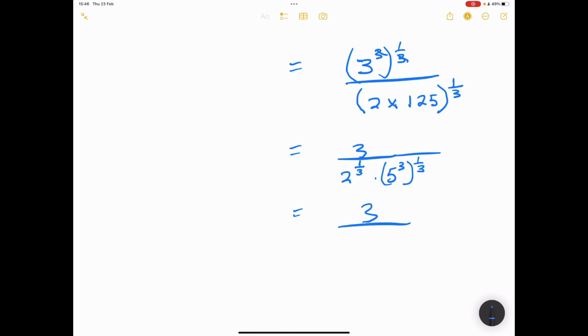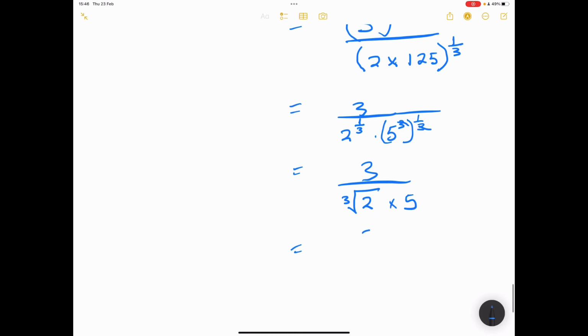I've got 3 divided by the cube root of 2, and those cancel out, multiplied by 5. So I have 3 over 5 cube root of 2.